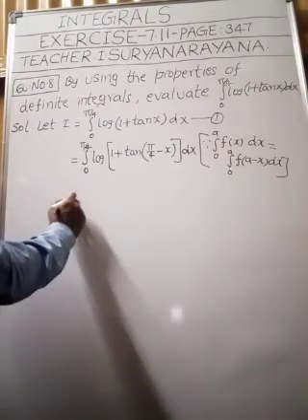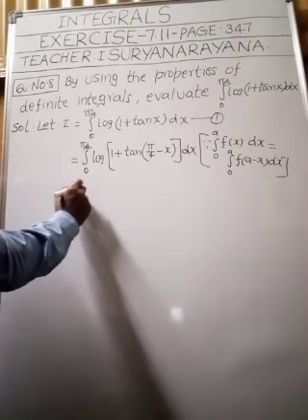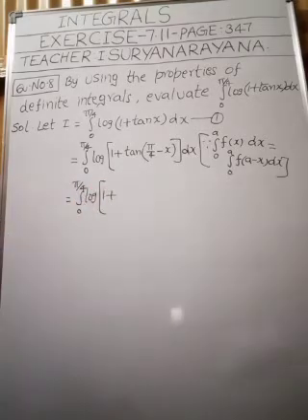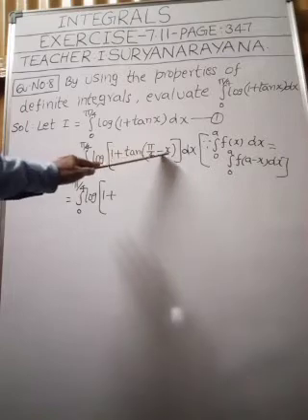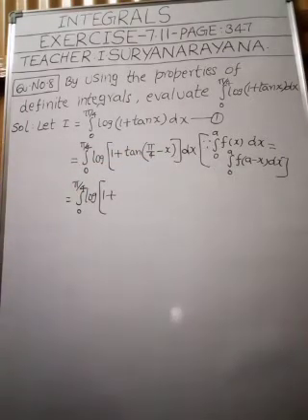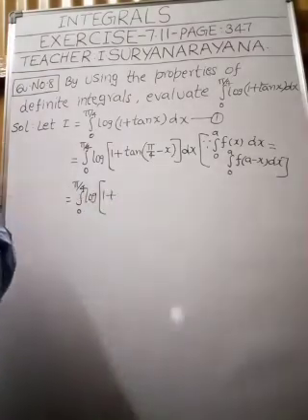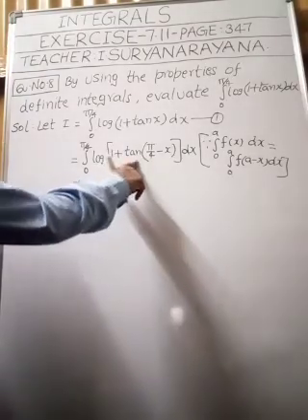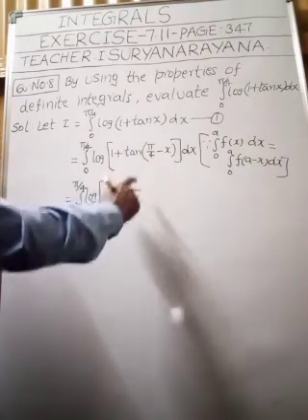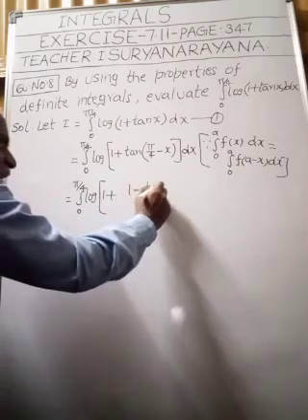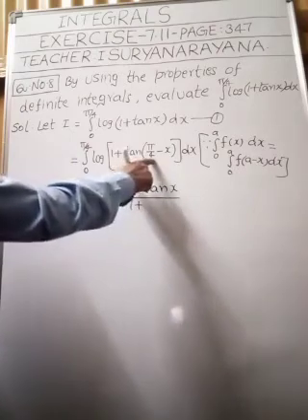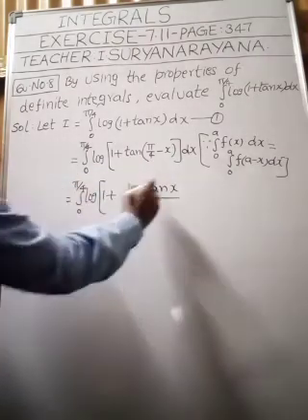Right. That is equal to integral 0 to pi by 4 log of 1 plus, this is in the form of tan of a minus b, tan a minus tan b by 1 plus tan a tan b. Okay, my children. So what you get? 1 minus tan pi by 4 is 1, tan a minus tan b, that is tan x by 1 plus tan pi by 4 is 1 into tan x.